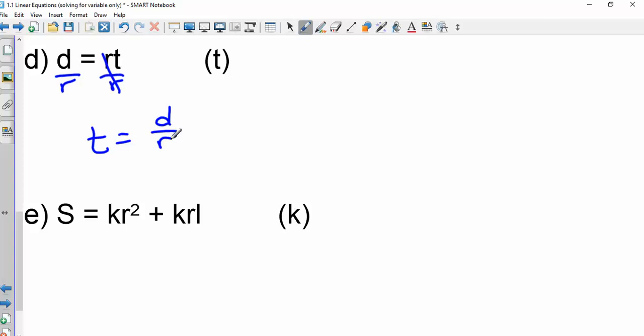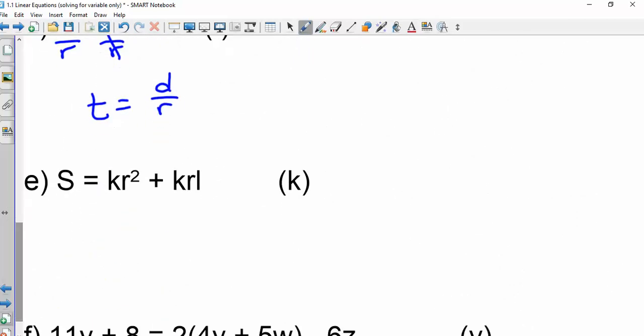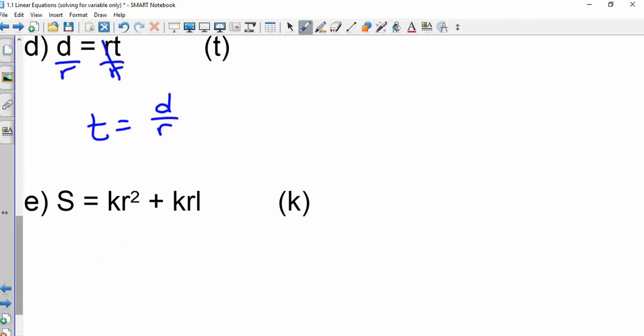It is a lot like B that we did up here. So if I'm looking at this, I want to solve for k. That means I need to somehow combine these two k's together, but they're not like terms, so I can't do that. However, if you have two terms and they both have a k in them, what can you do? Factor it out.